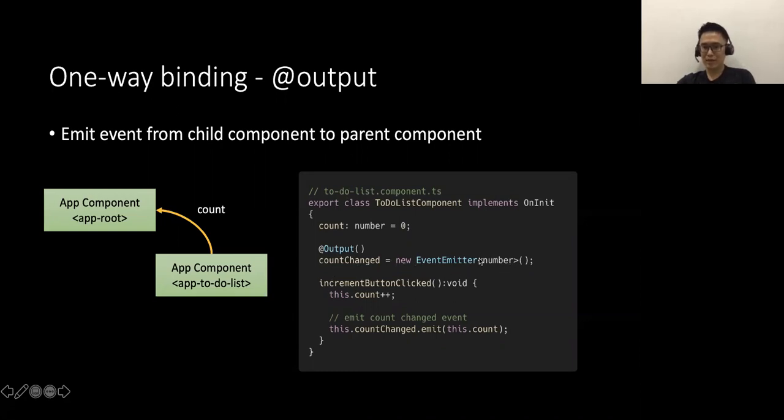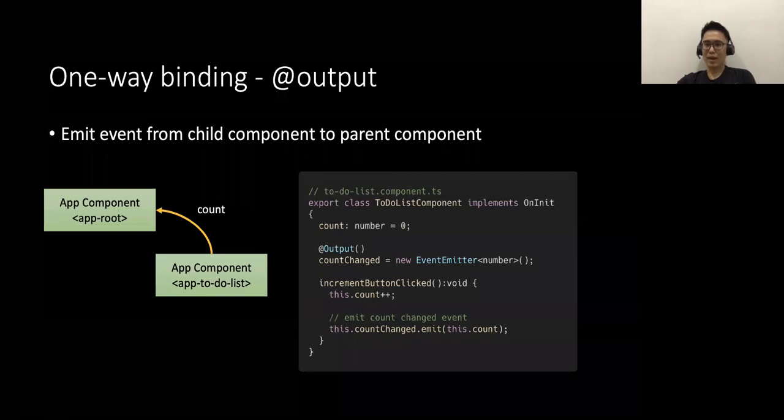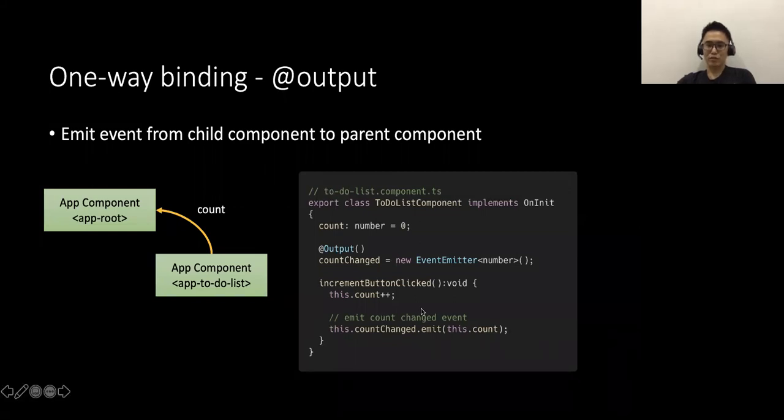So we can put a type here. You can strongly type the value that you want to pass to the parent. So every time we have a change, we need to call countChange.emit. Emit means to raise an event to the parent class so that it can accept this new value.